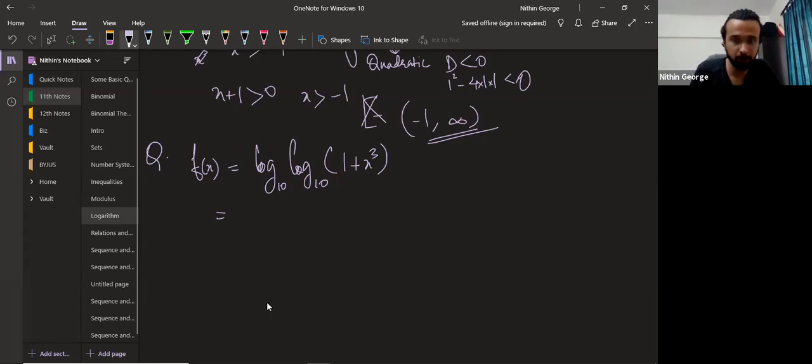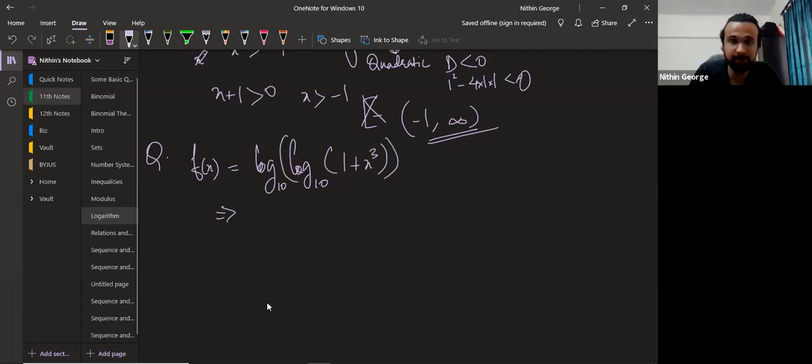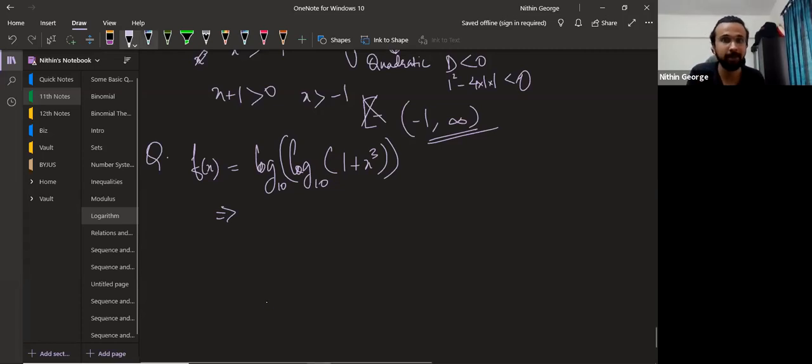Right. Ask your doubts. So is it first log base 10 of 1 plus x cube? Exactly. So this is log base 10 of 1 plus x cube, to the base 10. Okay. So that part should be greater than 0.